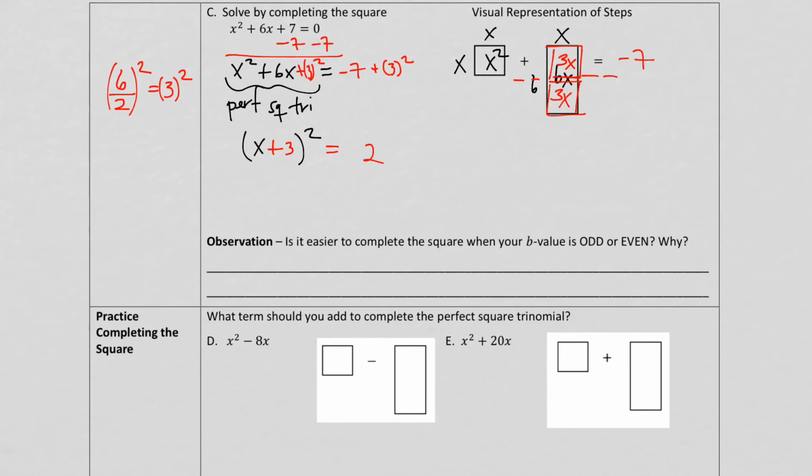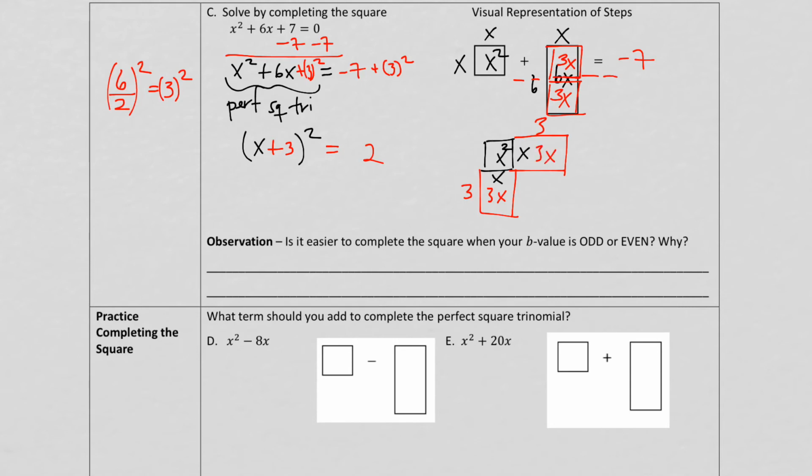So if I redrew my x squared here, and then took these little 3x's that I cut in half and attach them to the x squared, then this is 3 and this is 3, this is 3x and this is 3x.